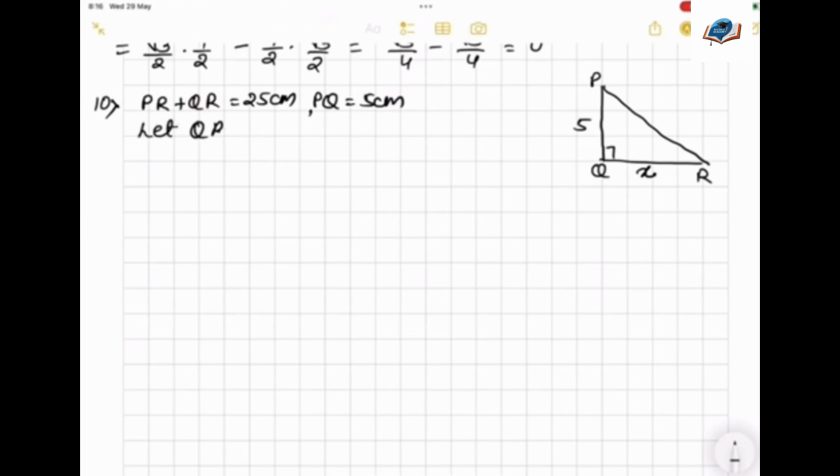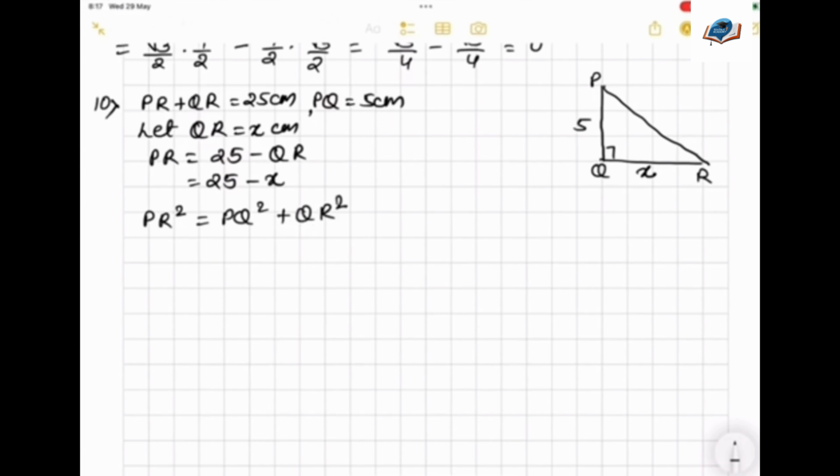So let QR equal to x centimeter. Therefore PR will be 25 minus QR, that is 25 minus x. So now using the Pythagoras theorem, PR square equal to PQ square plus QR square. So PR is 25 minus x whole square equal to PQ is 5, so 5 square plus x square.